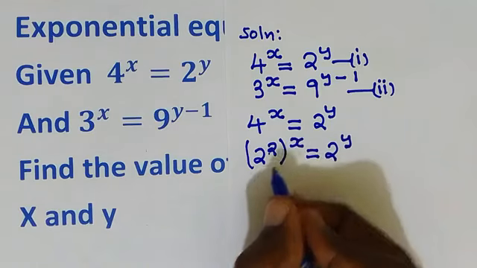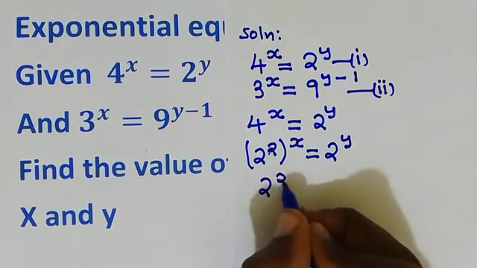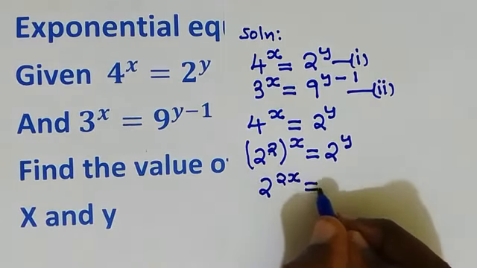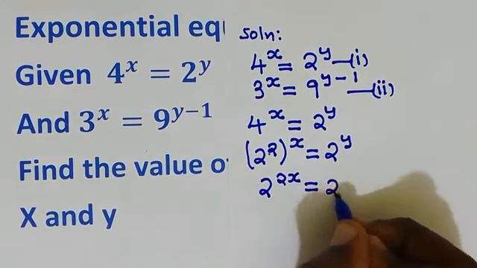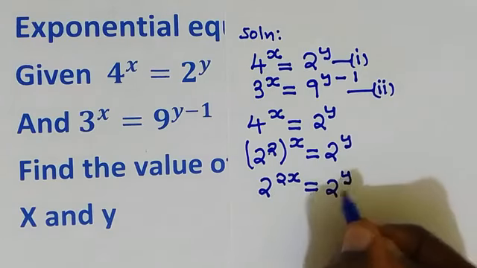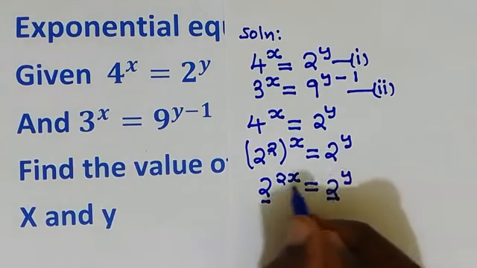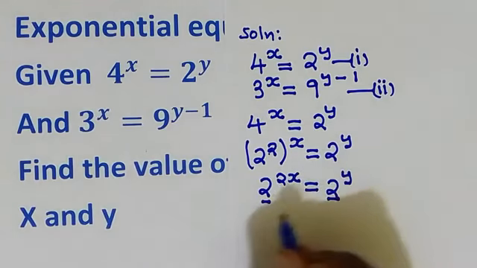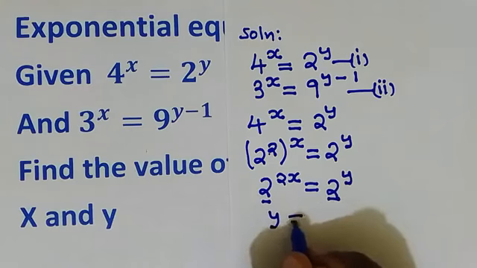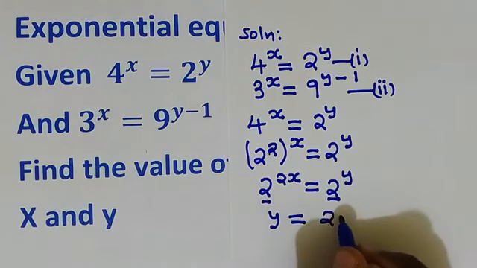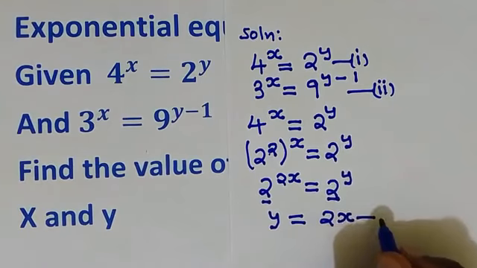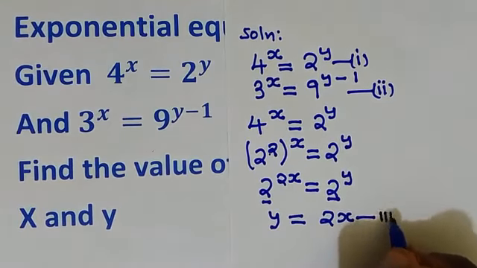Now we are going to have 2 power 2x equal to 2 power y. Since we have the same base, we can equate the powers. That means y is equal to 2x. I'm going to call this equation number 3.